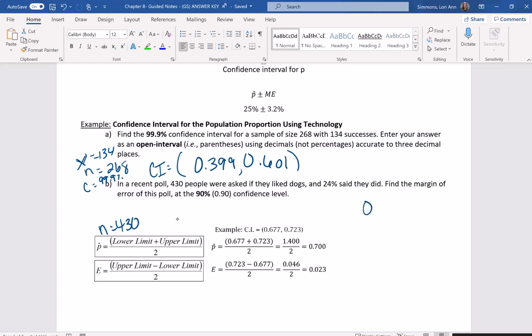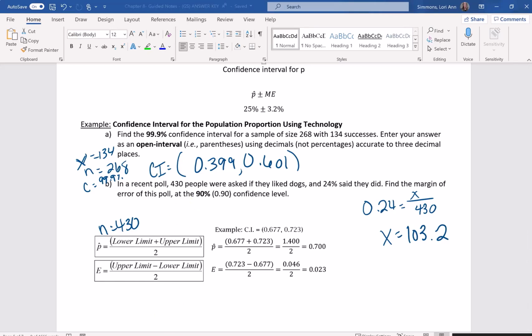So 0.24 is like your p hat. Remember, p hat equals x over n. So if you ever get this, you have to solve for your x. How many successes did you have? So you take 430 times 0.24. That will get you 103.2 successes.